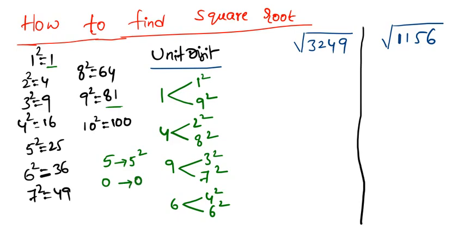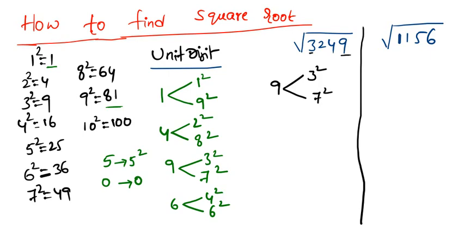If you look at the questions, root of 3249. To find root of 3249, you have to check the units place. What is the units place? 9. 9 is the units place for either 3 square or 7 square.